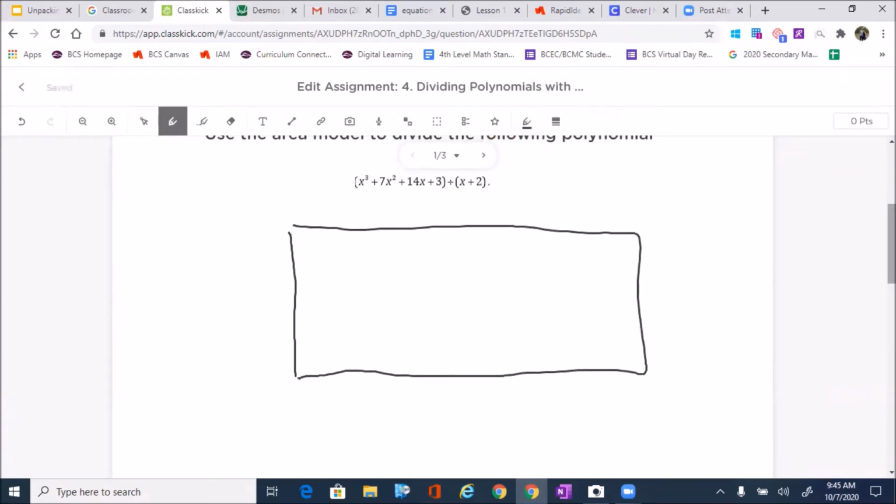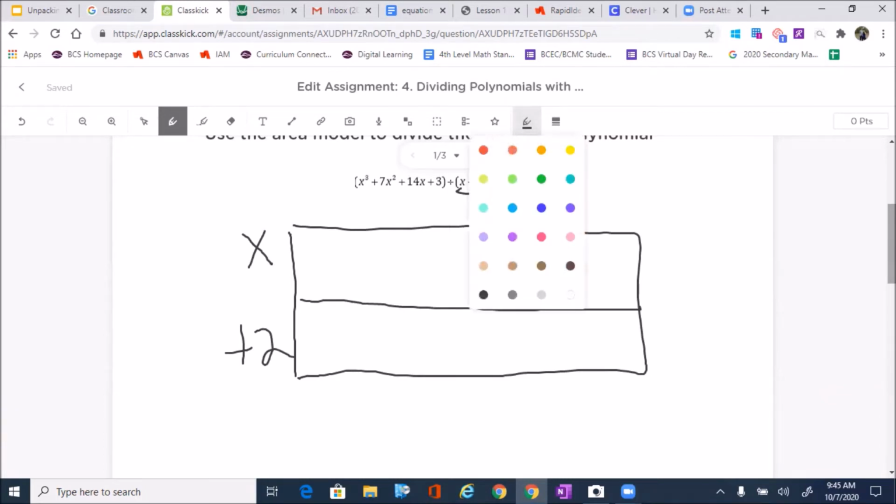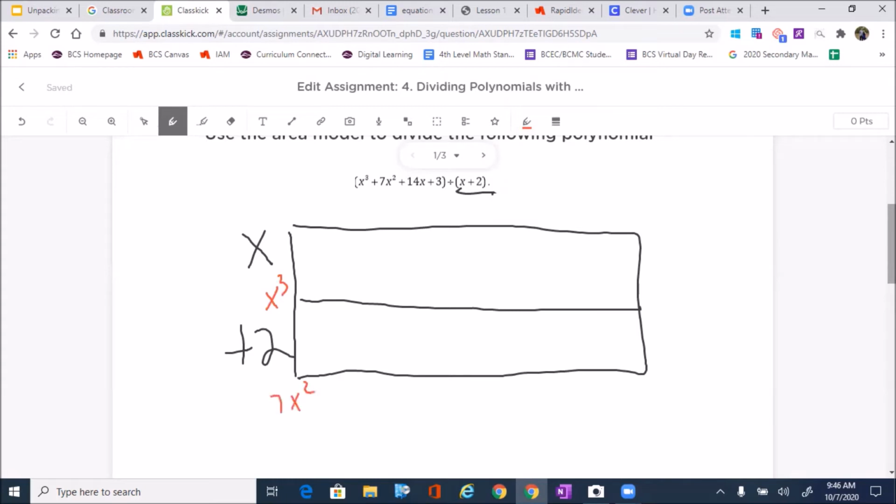And what I do is I take the divisor and put it right on the side, x plus 2. I'm going to draw my line here, and then I'm going to take the original polynomial that we had, which in this case was x cubed, 7x squared, 14x plus 3, and I start writing it around, counting all the lines, the corners, and then I'll have to add some more lines, and I make my lines in there.